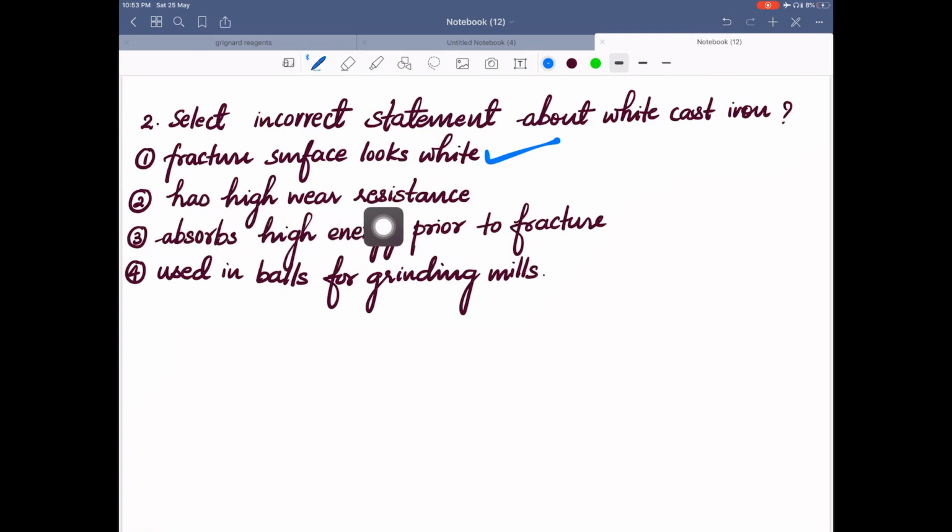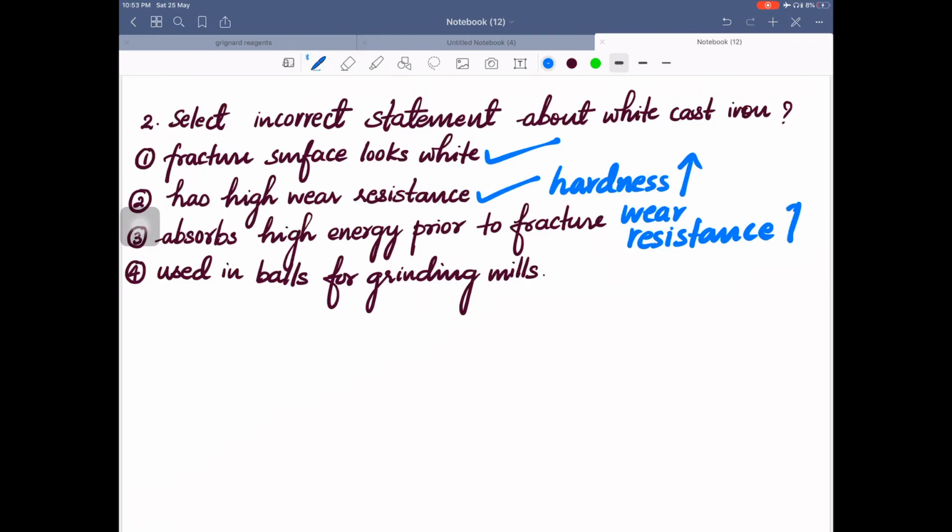Yes, white cast iron has very high strength, and we can say due to high carbon, it has very high wear resistance also because of very high hardness. And hardness is high means wear resistance increases. If hardness is high, wear resistance will also be high.